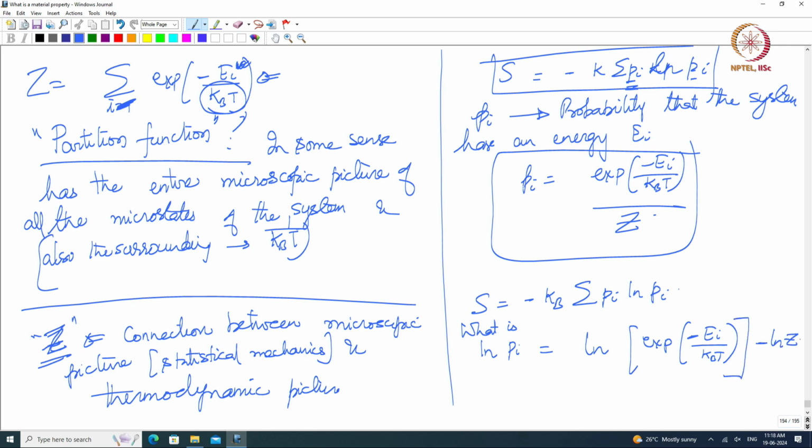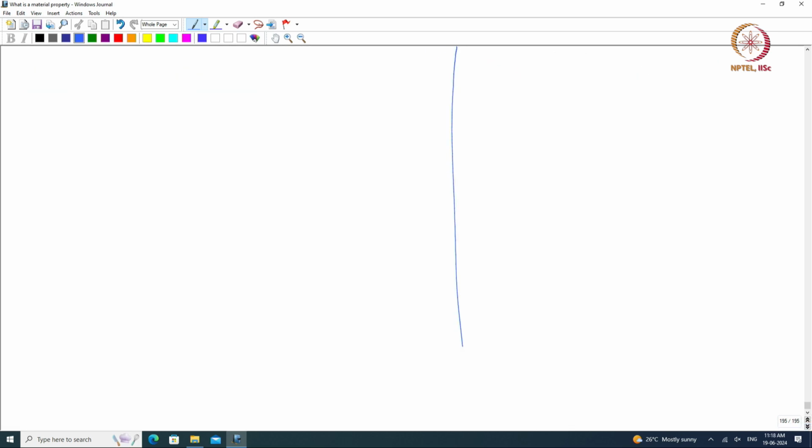So here, if I take logarithm on both sides, I get this expression, which is just minus ei by kBT minus ln Z. Okay. So, I have entropy, which is a thermodynamic quantity. Now, I am trying to relate it to the partition function. Okay.